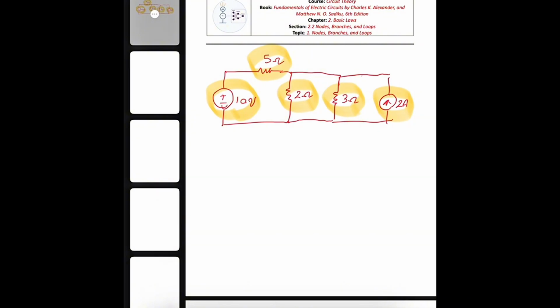So there are 5 branches in total. It is very simple.